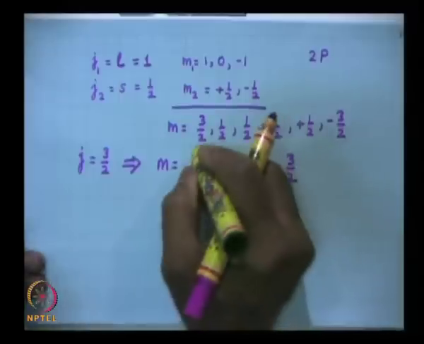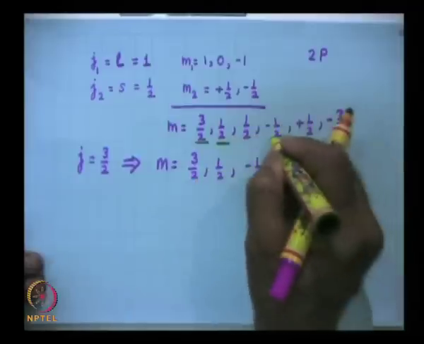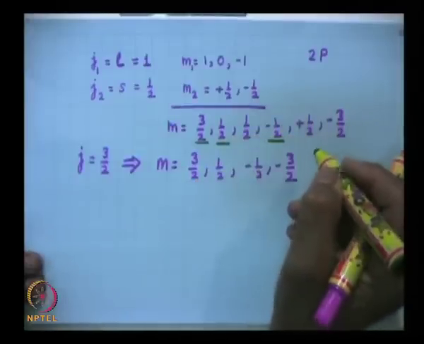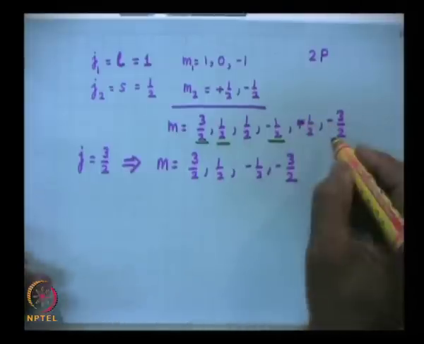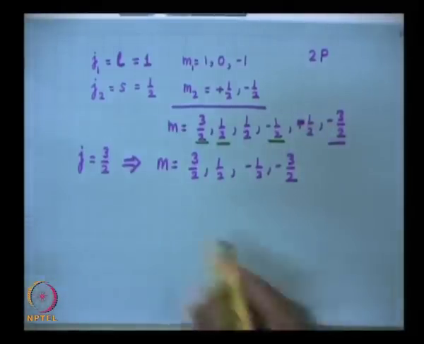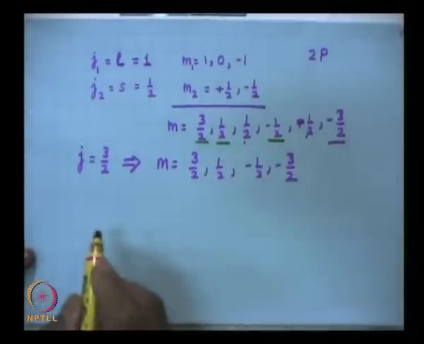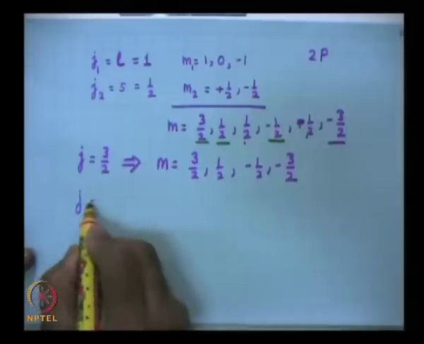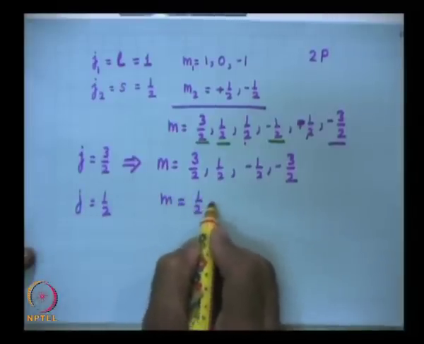So, this takes care of one of these, sorry, one has to be minus here, and also this. And then there are two remaining, half and minus half. So, then j must be equal to half. So, m is equal to half and minus half.